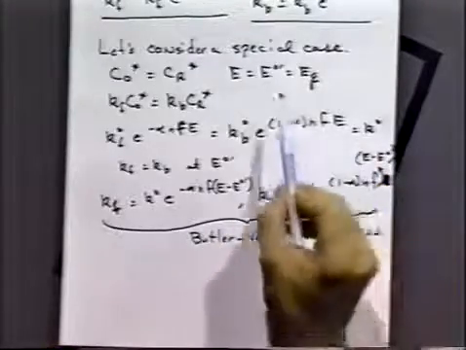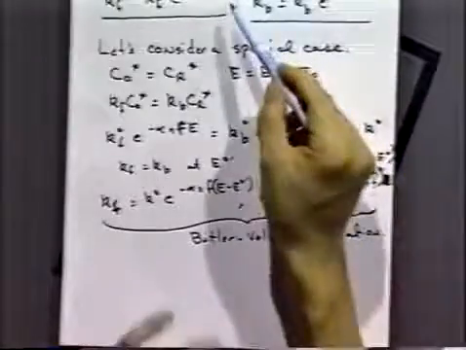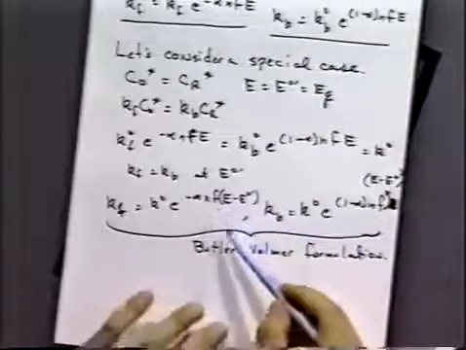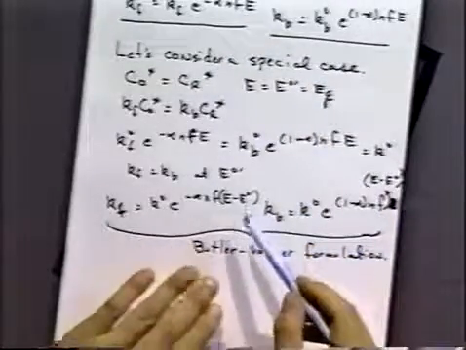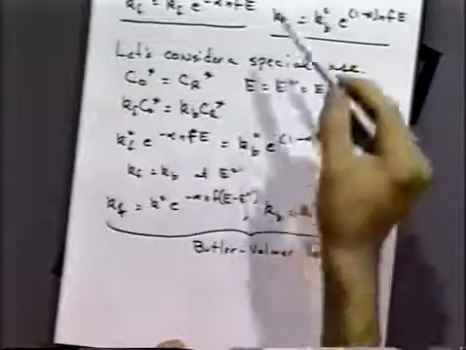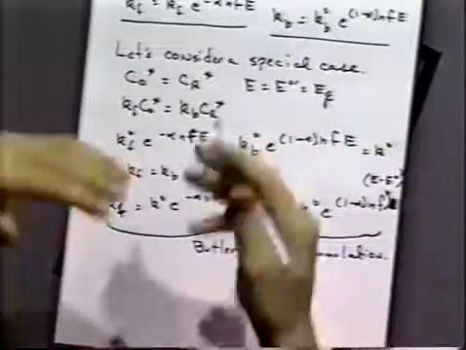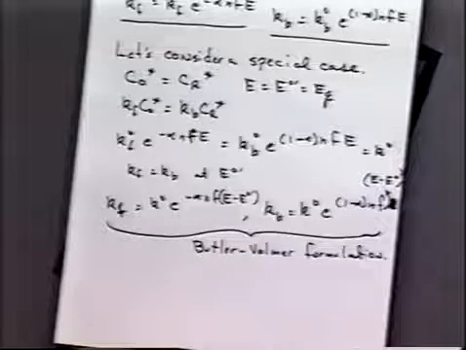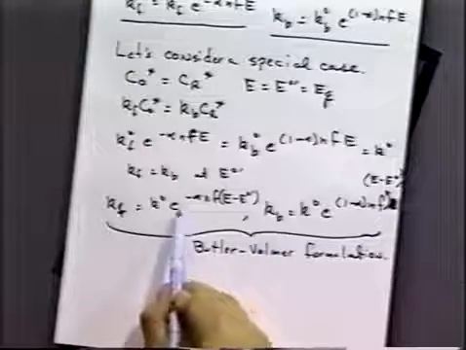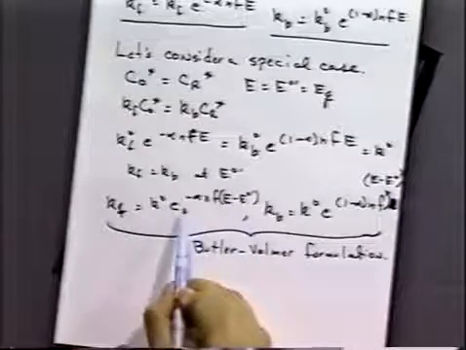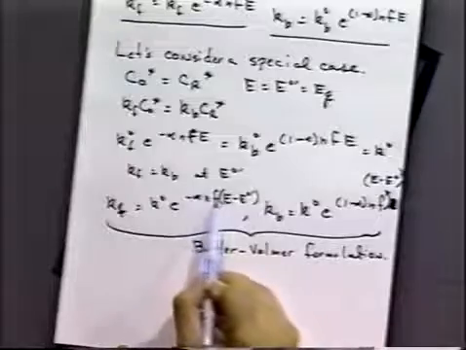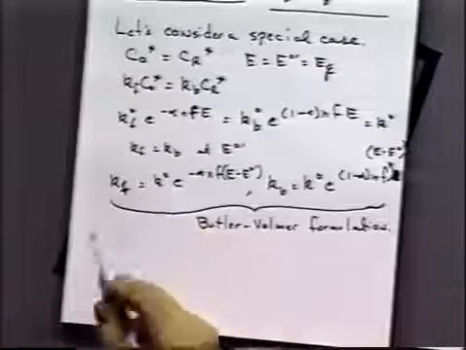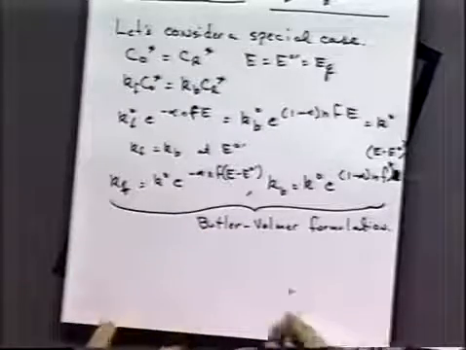Because we specify that we're going from a potential up here where we're at E, which is unspecified, to a potential that's referenced to the standard potential, the E0 prime. So we'll substitute in the fact that we're referencing ourselves against that standard potential. So we have to include E minus E0 in that particular case. So again, we've got an expression that's an exponential function of potential. It's got that B term in there. It's not exactly a 1 over B, but you can see how that's a B term. And then we also have an A term. So that parameterizes our expression.